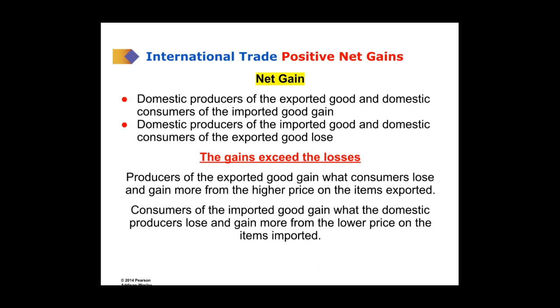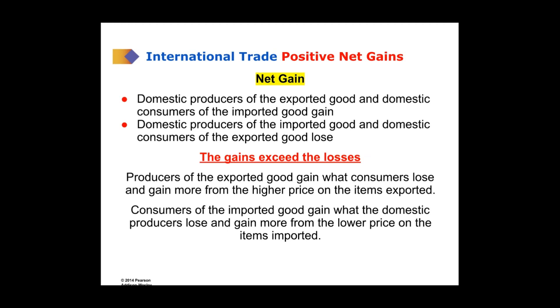If we look at the situation overall, we see that when you have trade, there are positive net gains. Sure, domestic producers of exported goods and domestic consumers gain from exports, and domestic producers of the imported goods and consumers of the exported goods lose. So there are some winners and losers, but on the whole, both parties are better off.